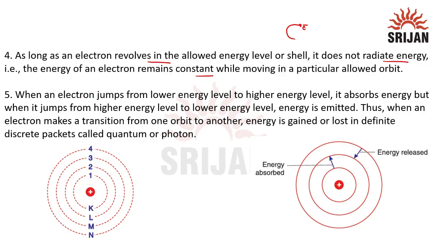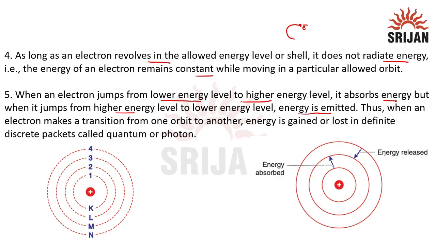The fifth assumption is that when an electron jumps from a lower energy level to a higher energy level, it absorbs energy, right? But when it jumps from a higher to a lower energy level, it emits energy, that means it is losing energy.